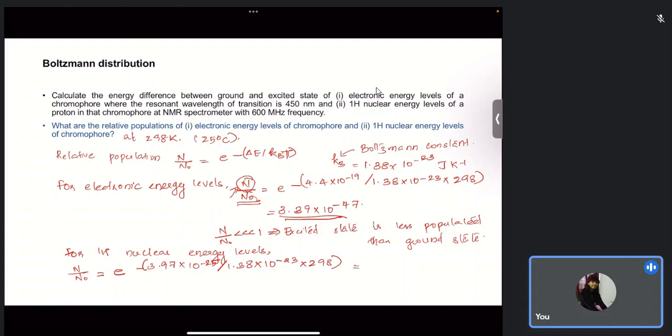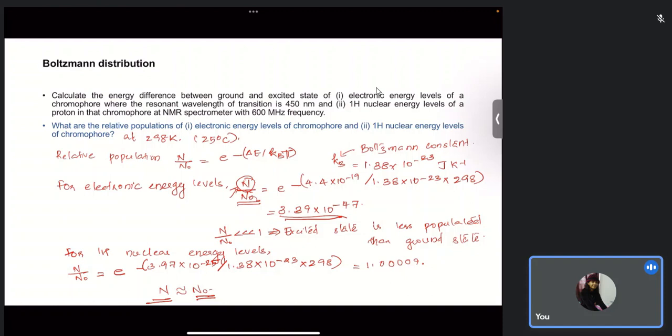This will come down to 1.0009. This means that the excited state is almost similarly populated as your ground state.